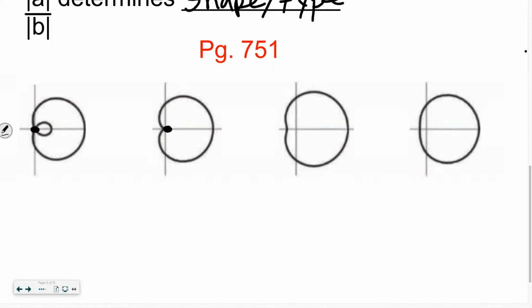The second graph comes in, touches the pole, and bounces off. There isn't a loop in the second one. I'm going to call it something that sounds like heart. It's like if you drew a heart. Comes in, touches it, and moves out.